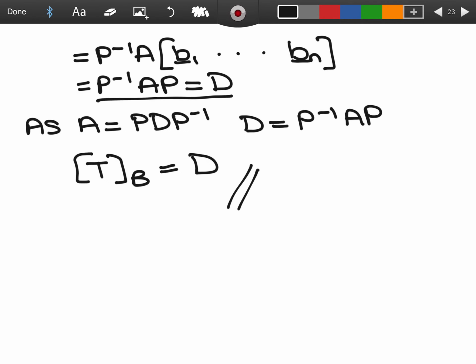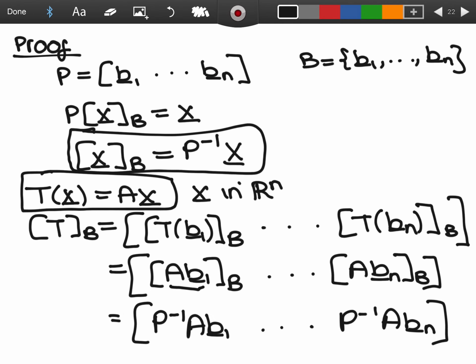But all this proof actually showed you was that P was made up of the basis vectors. For our example, we were just saying we'll set that to be the eigenvector basis.